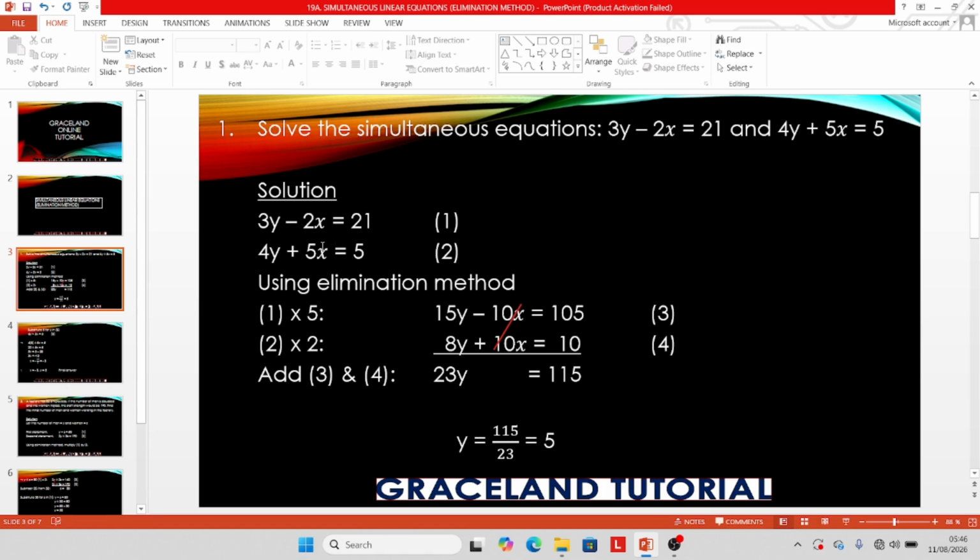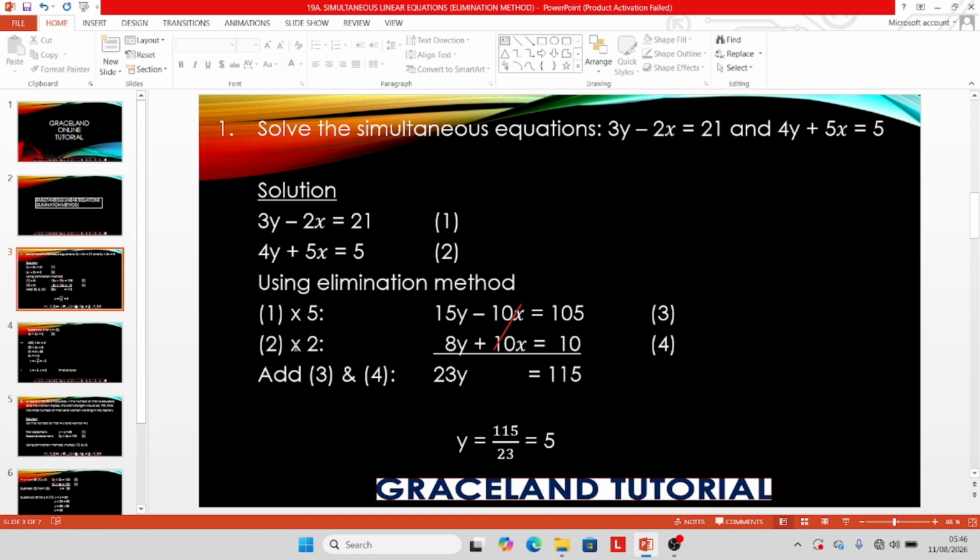And the coefficient of x in equation 1, which is minus 2, we take 2 and multiply it by all the terms in equation 2.